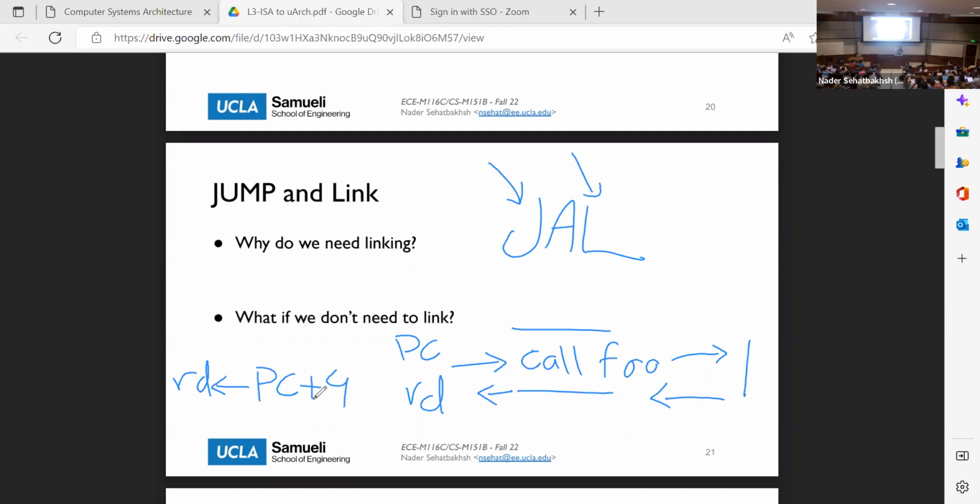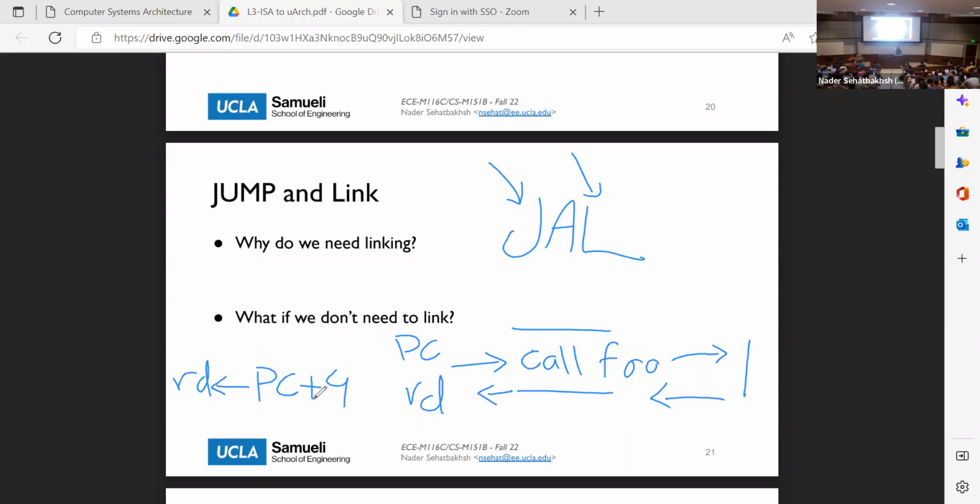But for now, just think about it as: if you have multiple jumps within each other, we have to write each into a separate register. And if you have 32 registers or 31 registers, we can only do 31 of these. We cannot do more, since all of this hardware has a limited number of these nested calls.